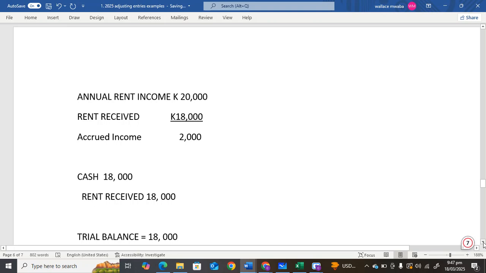So you come and you say, since there's 2,000 that is being owed to you, there's an adjusting journal entry that I need to make. Mr. Trumbo, what would be that adjusting journal entry? To record that you have an asset in the form of accrued income.